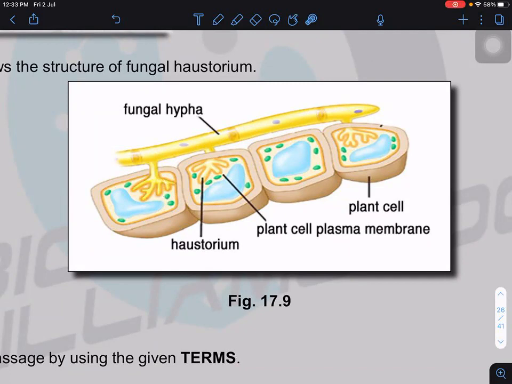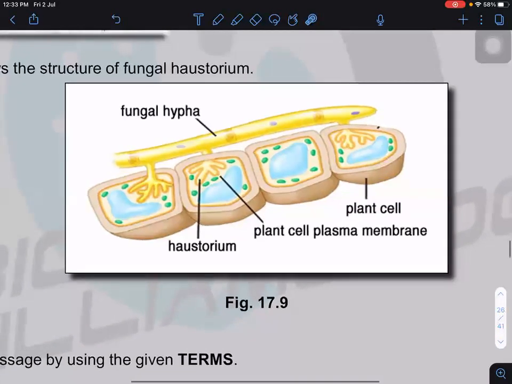Heterotrophic means they cannot carry out photosynthesis. They cannot synthesize their own organic carbon compounds from inorganic sources. So they form this structure, which can release enzymes and absorb nutrients. This structure is called a haustorium, developed from the fungal hyphae.